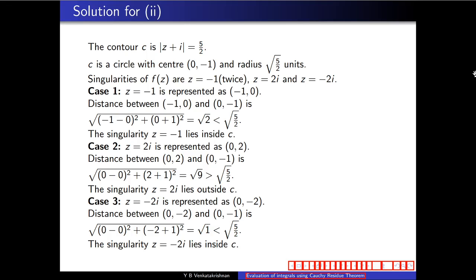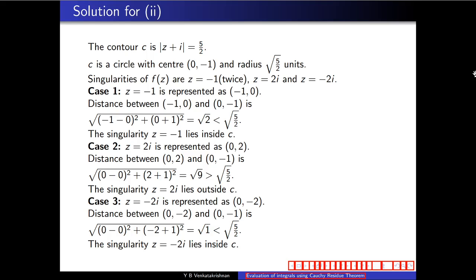When I use the distance formula, I get the distance between the points minus 1 comma 0 and 0 comma minus 1 as root 2, which is strictly less than root 5 by 2. Root 5 by 2 is the radius. The distance between the center and the point z is equal to minus 1 is less than the radius. I can conclude that z is equal to minus 1 lies inside C.